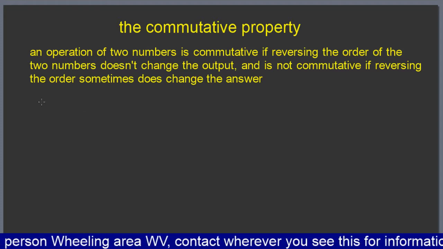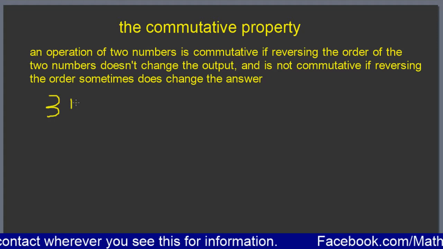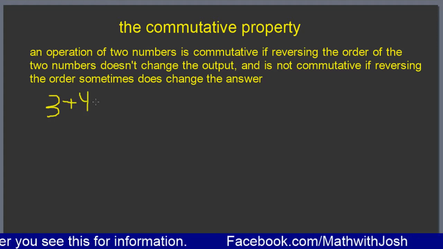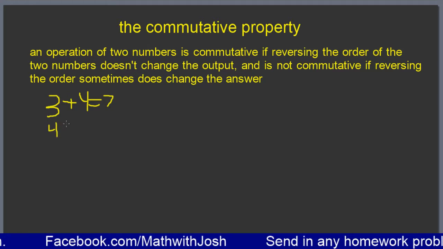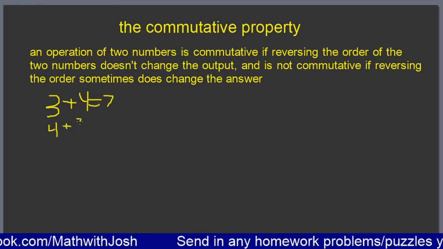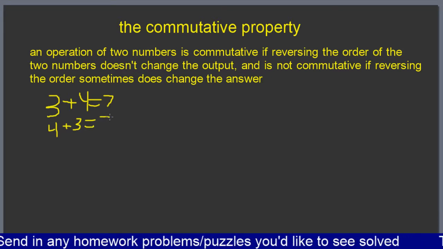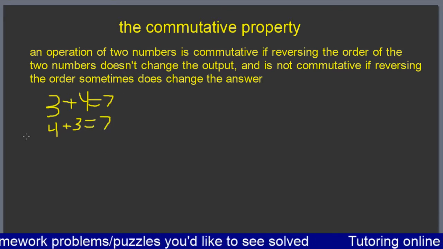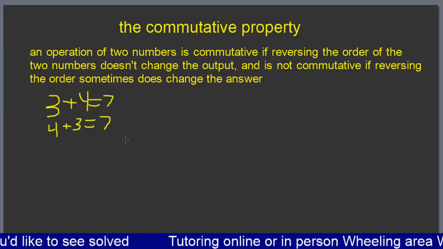addition is commutative because, to pick an example, 3 plus 4 equals 7, and 4 plus 3 also equals 7. Now, so we're thinking properly about logic, this is just an example of the fact that addition is commutative.